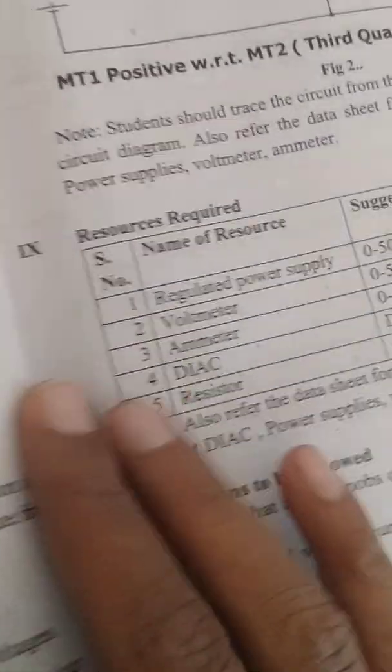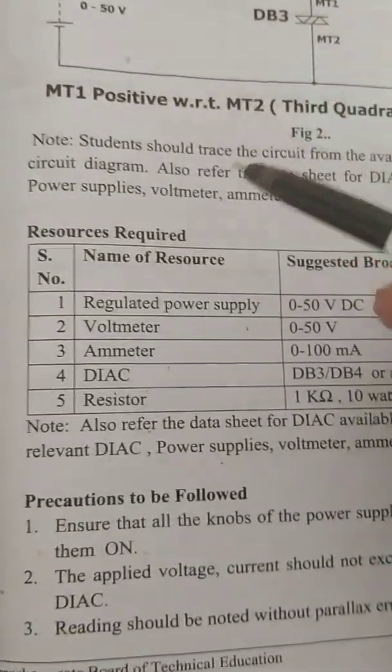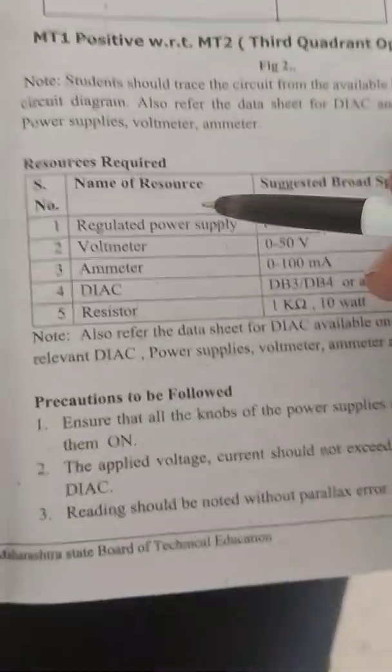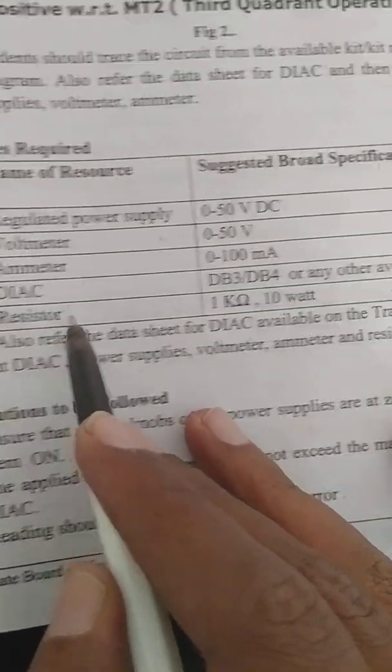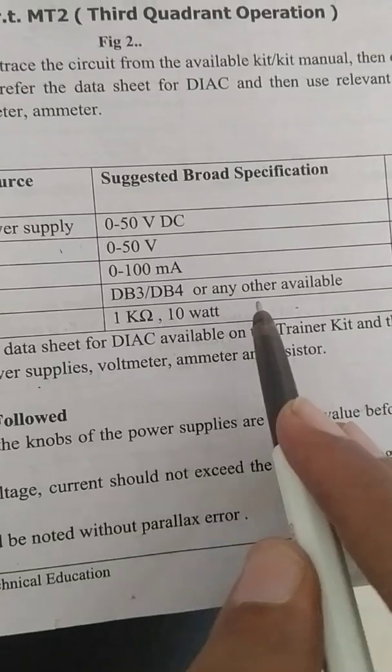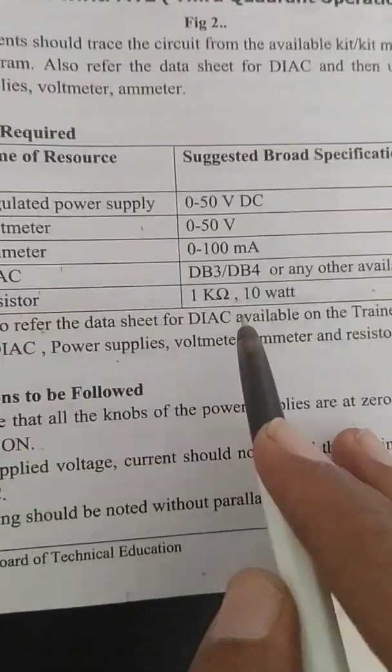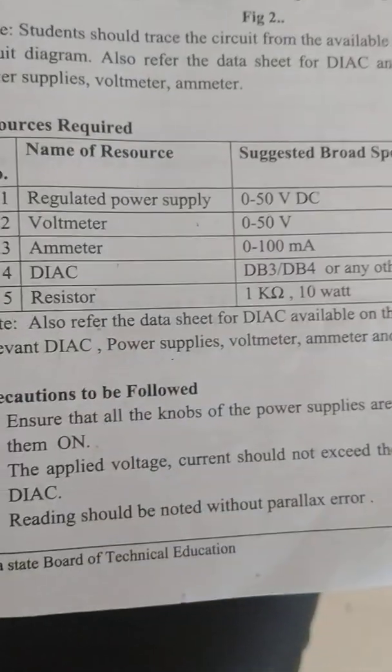Different resources required for this DIAC performance are a power supply, voltmeter, ammeter, DIAC, it may be DB3 or DB4, and a resistor of 1 kilo ohm and 10 watt.